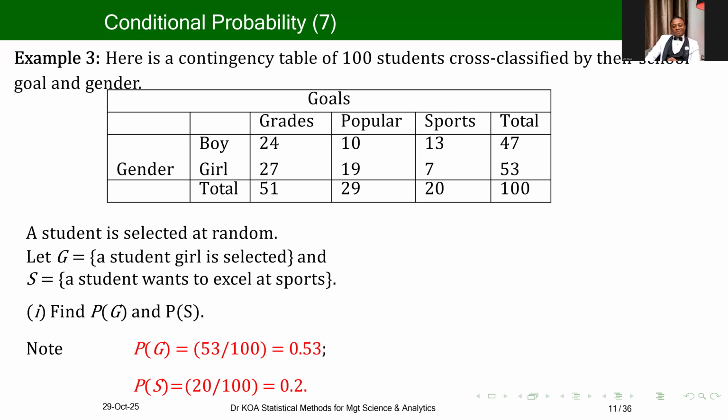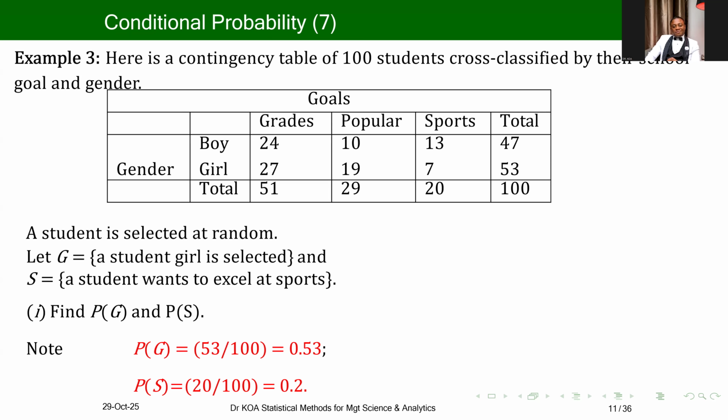How will you write that? It is a conditional probability: the probability of S given G equals the probability of S intersection G over the probability of G.